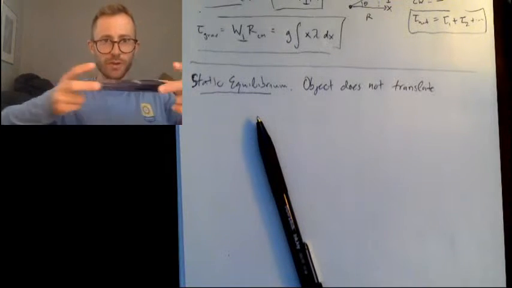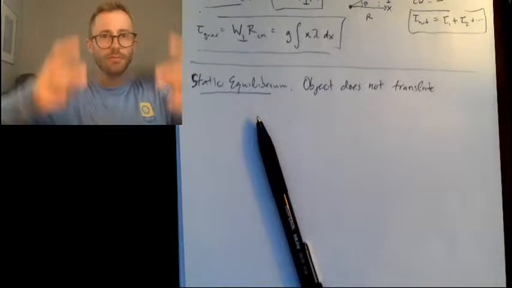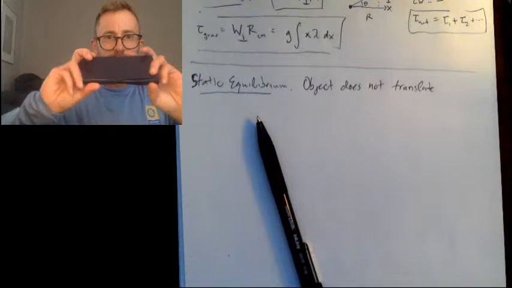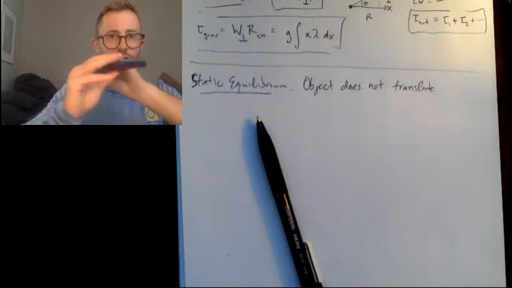So these are translations. And it means that the object is not rotating about any axis.